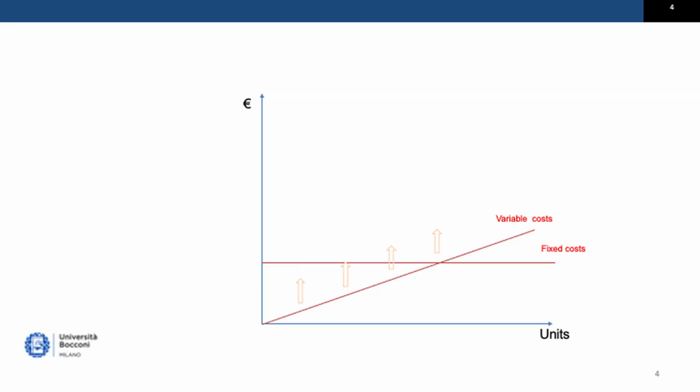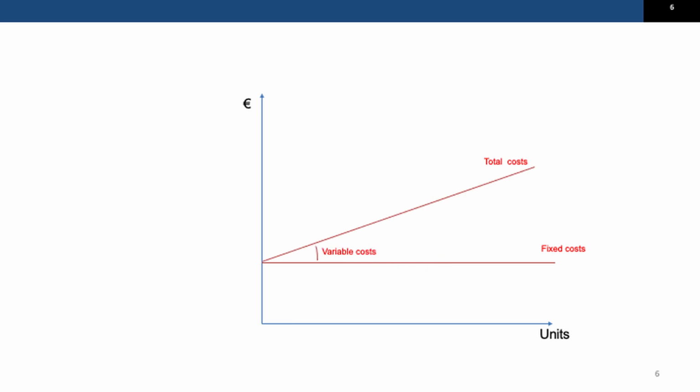They always remain the same. So the total costs are represented with a line with a specific slope, where the slope is the amount of variable costs, and this line starts where the fixed costs meet the vertical axis, so at the level of the fixed cost. This is the line of the overall cost, the total costs.